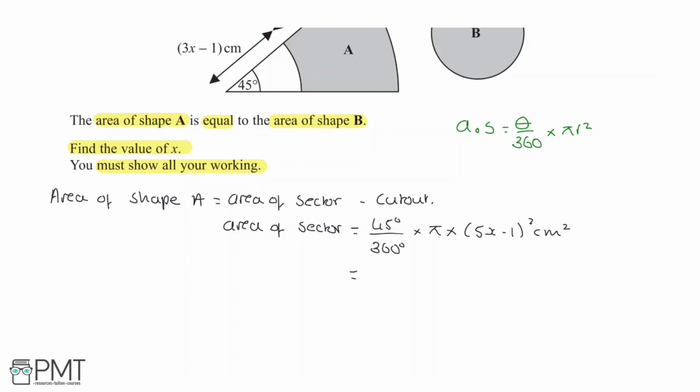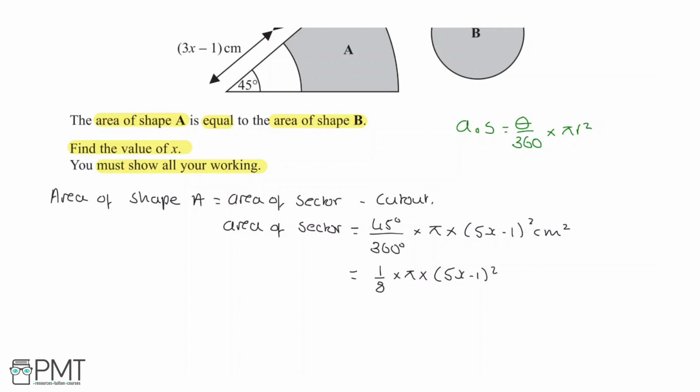We don't have a calculator for this question, so we need to think about it. If you go to 90 degrees, which everyone knows is a quarter of a circle, that is 1 over 4. 45 is half of 90, so that means it's half of 1 over 4, which is 1 over 8. So we have here 1 over 8 times pi times 5x minus 1 squared.